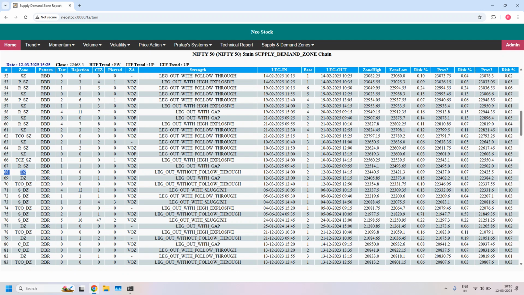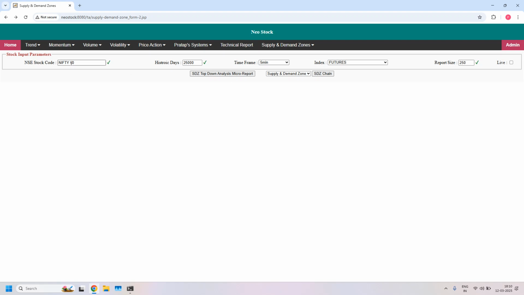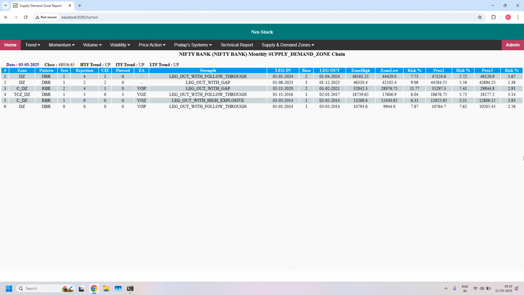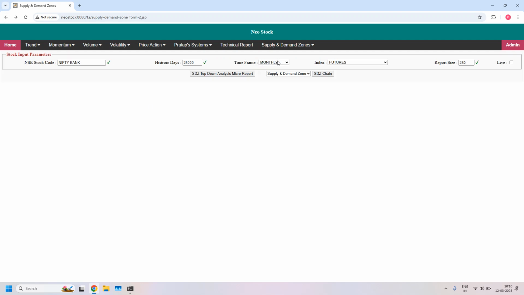Next, we will look into BANKNIFTY supply demand zone chain. Nifty Bank is nothing but BANKNIFTY. So generating monthly supply demand zone chain for BANKNIFTY. Next, weekly supply demand zone chain for BANKNIFTY.